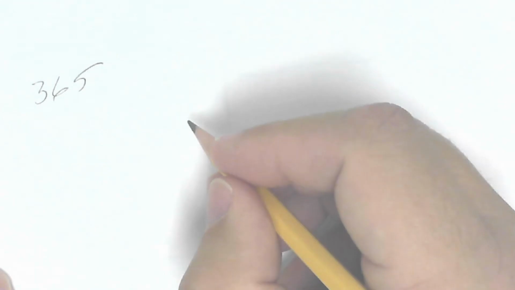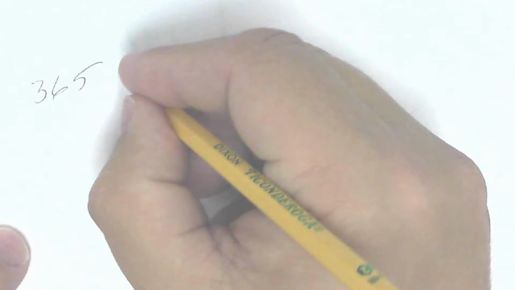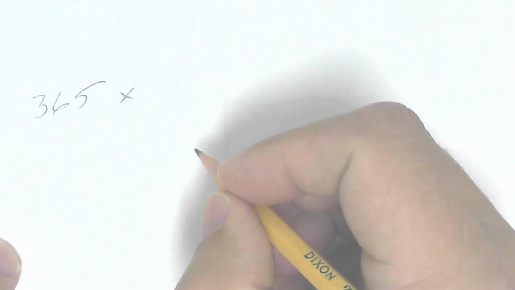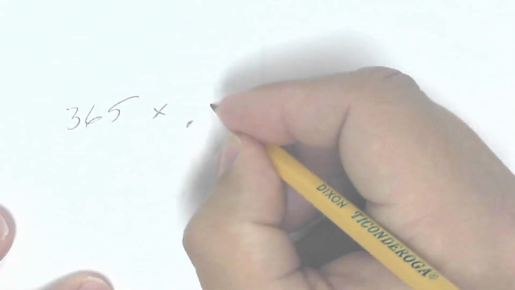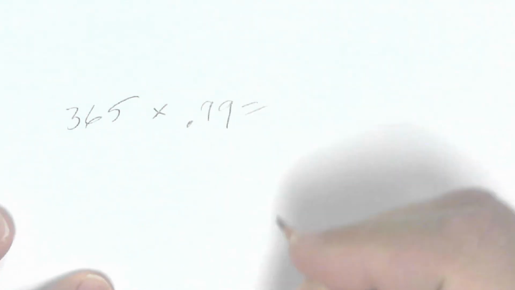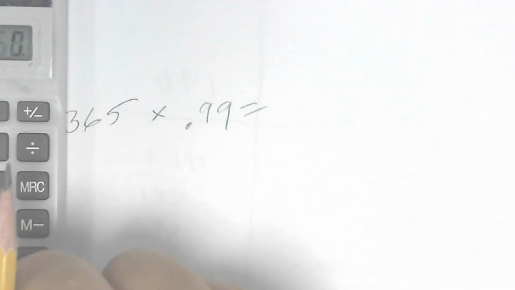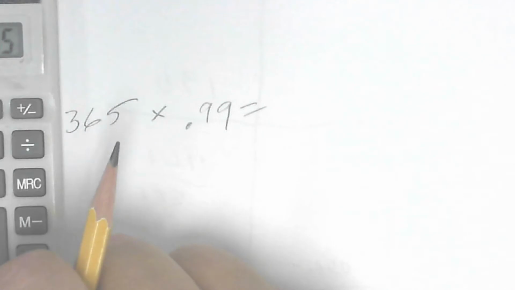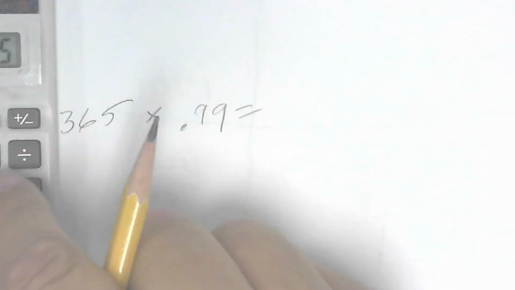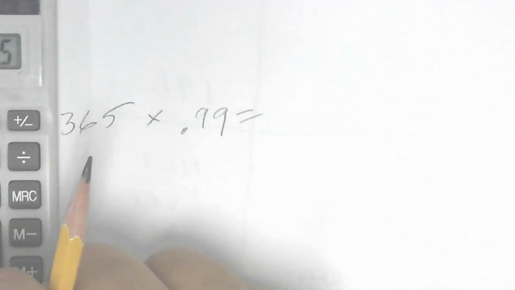So on that one, for a whole year, 365 days. One of the ways that you can do this is you can multiply that, remember your percentages, times 0.99. $365 times 0.99, minus 365.